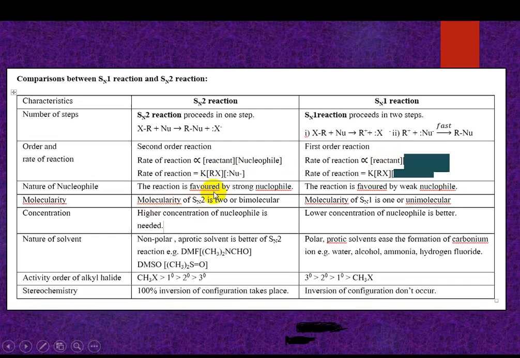SN2 prefers a strong nucleophile, SN1 prefers a weak nucleophile. Weak nucleophiles prefer SN1 reactions. Strong nucleophiles prefer SN2 reactions.